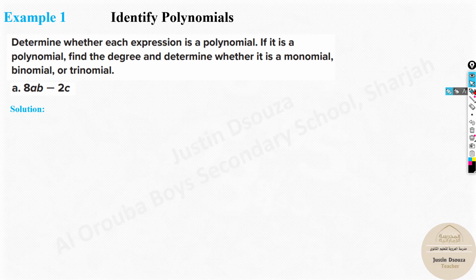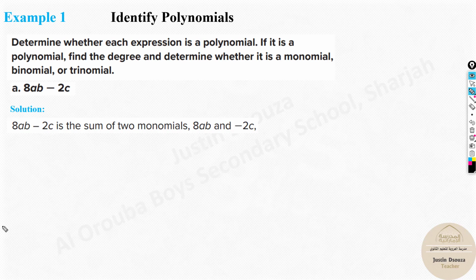Okay, imagine this like x, y, and z. You must see, are they monomials or no? Yes, 8ab is a monomial, and this minus 2c is also a monomial. Why? Because this is having 1 degree. The c, a is having 1 degree. If nothing is written, it's 1.